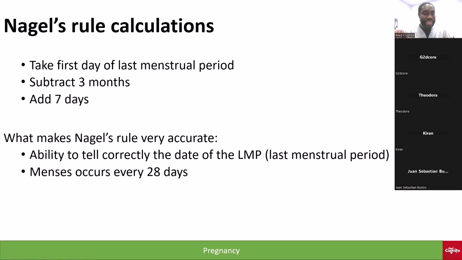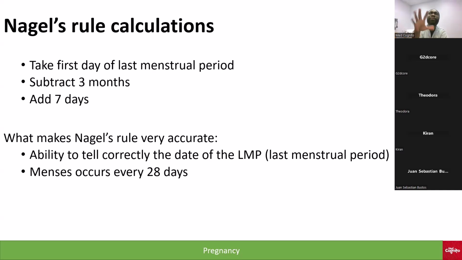Number one, you take the first day of the last menstrual period, and then you subtract 3 months from it, and then add 7 days. I'm going to take my time. Take the first day of the last menstrual period, subtract 3 months from it, and add 7 days.